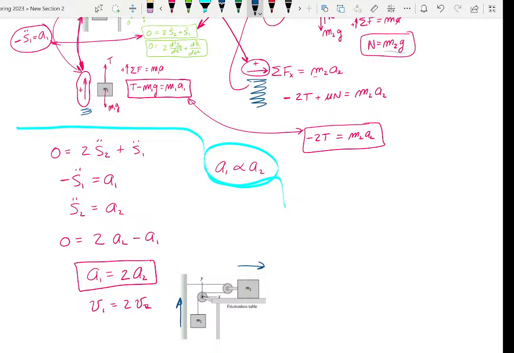So if this is 1 right here, if this is moving at, I'm just saying 1 foot per second, then this is telling me this is moving at 2 feet per second. And so that makes sense. What wouldn't make sense is if I had this one going this way, because that would look weird. That would probably not even be possible. Not only wouldn't be possible, if the rope has a tension in it, it wouldn't be possible.